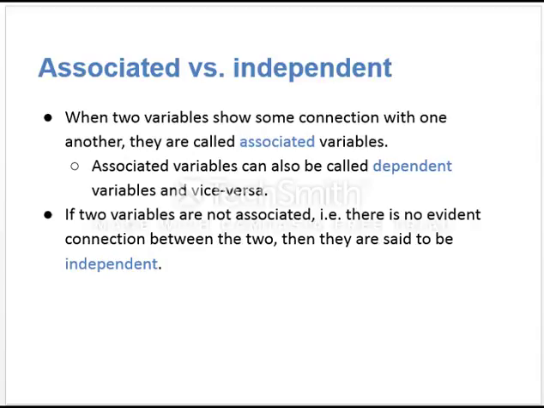Anytime we see any kind of dependency between variables, we say that they're associated. That's really the same term. Dependent is really describing association between variables. If they are not associated, there's no connection between the two, we call them independent variables. So independent means whether or not one occurs, it doesn't affect whether another occurs.